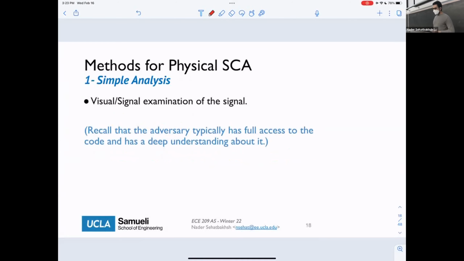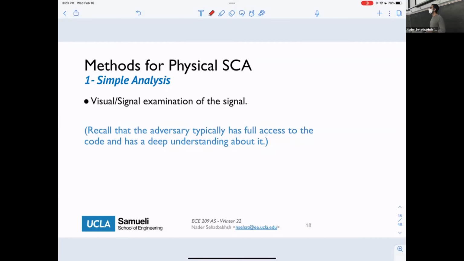So there are three different methods these days for physical side channel attacks to recover that x. The first one, which is the oldest, is called simple analysis. Simple analysis is, as the name suggests, doing some simple tests or simple techniques in order to extract some values.